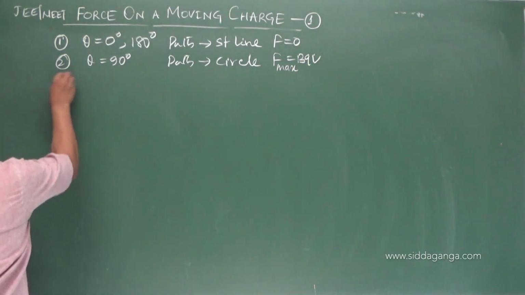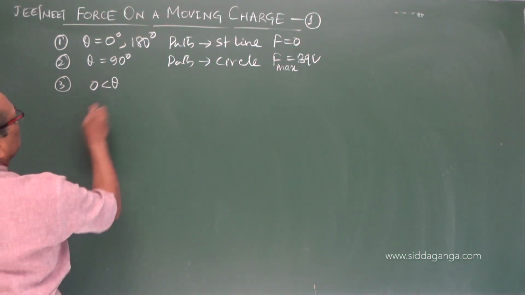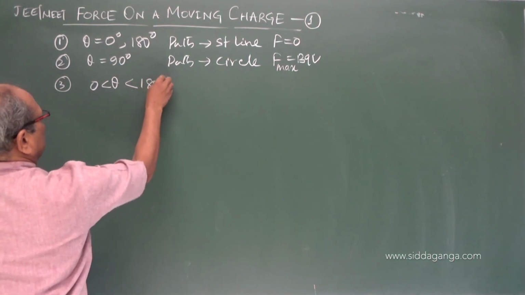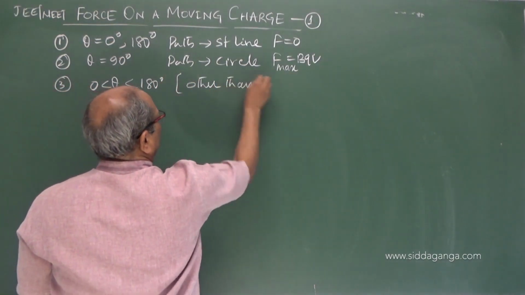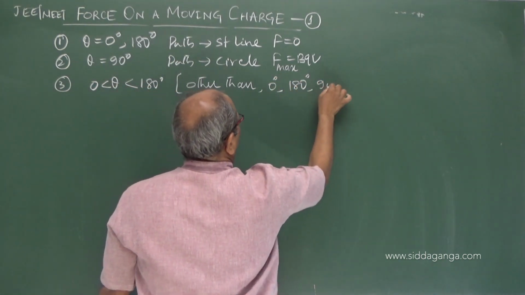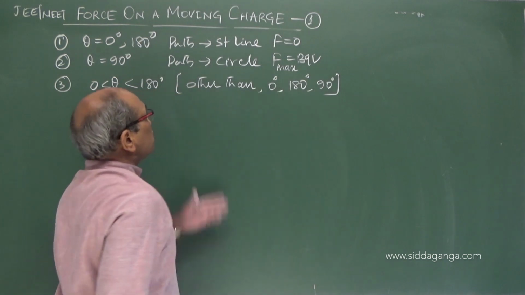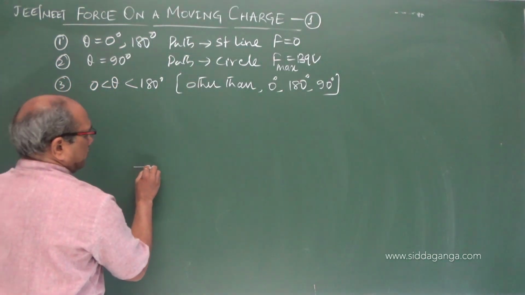Now the third case: theta may be any angle greater than 0 but less than 180. That means other than 0, 180 or 90 degrees, because these specific cases we know already. What happens when it enters like that?